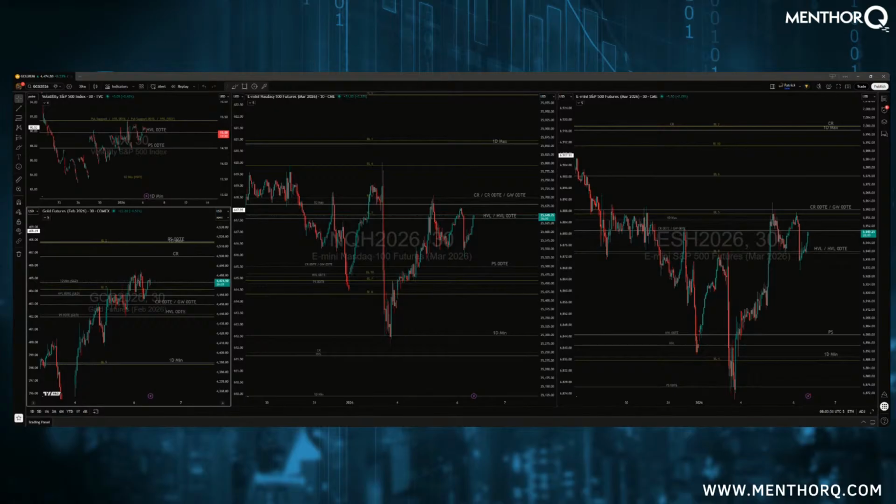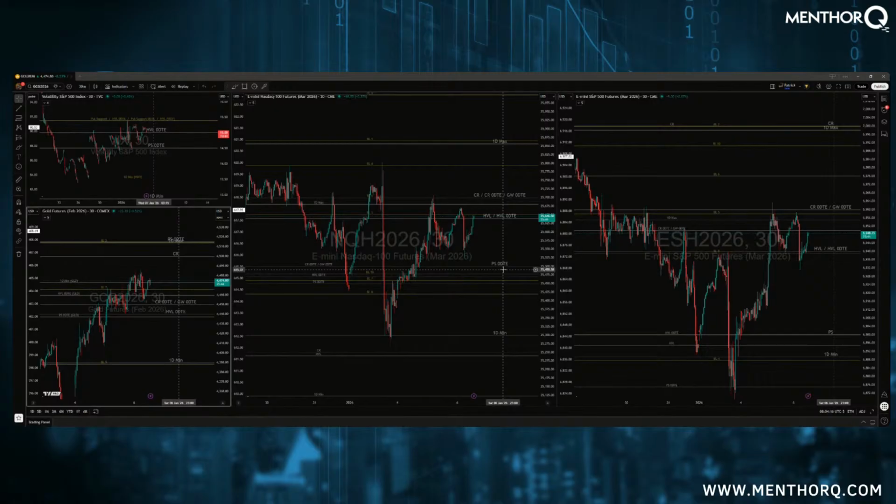So I will start with the NQ, and what I'm plotting on my NQ, you will find here on the right side: our NQ futures gamma levels. And Fabio, only to clarify, because I think we are the only ones who have futures gamma levels at the moment, this is from real futures options, correct? Yeah, correct.